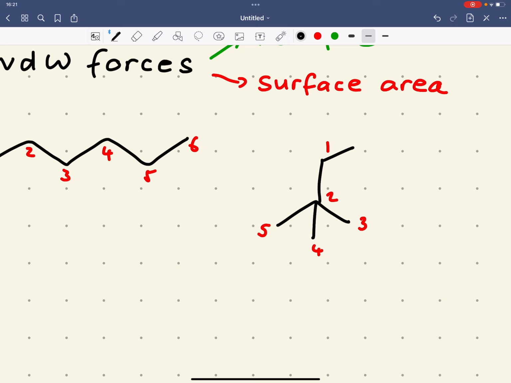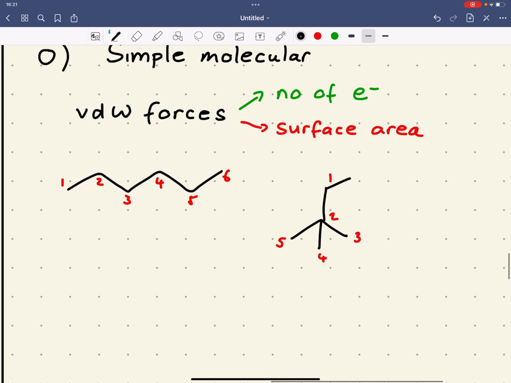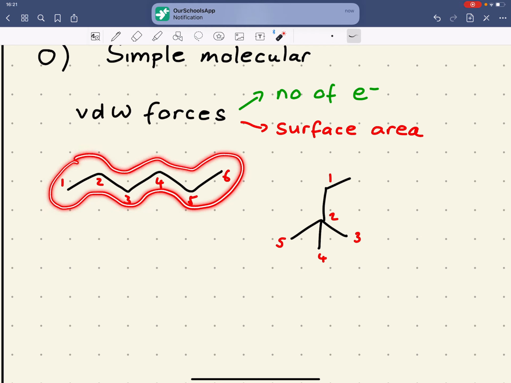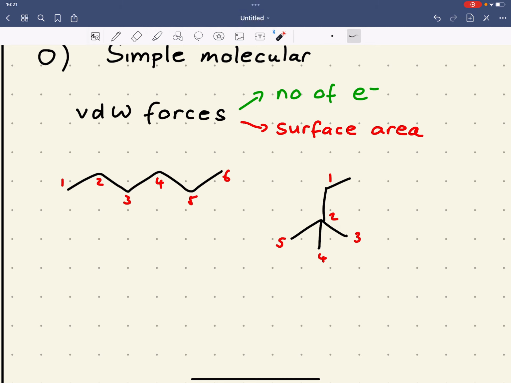These would be isomers with the same number of electrons, but because this has got a bigger surface area, there's more points of contact, and therefore this would have stronger intermolecular forces.